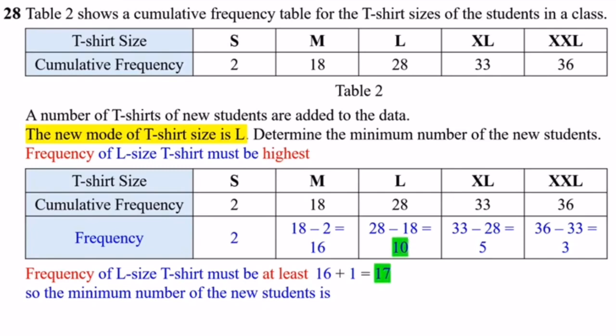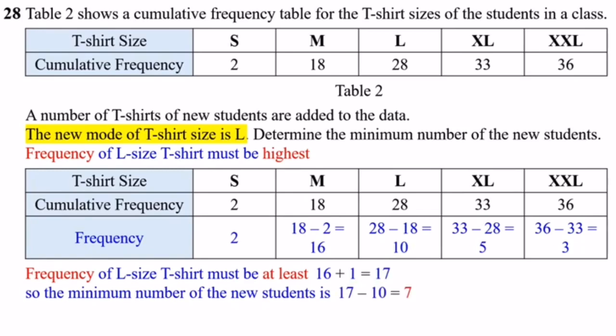So 17 minus 10. That means you need to add 7 new students so that the size L will become the highest frequency. So if 17, that means the mode will be the t-shirt size L.